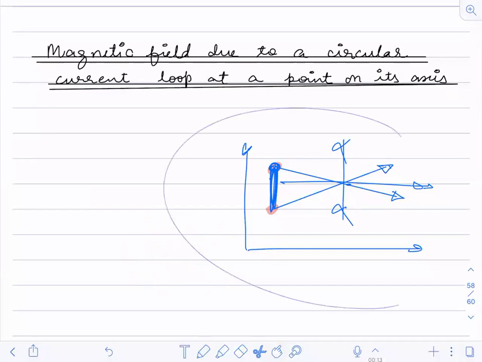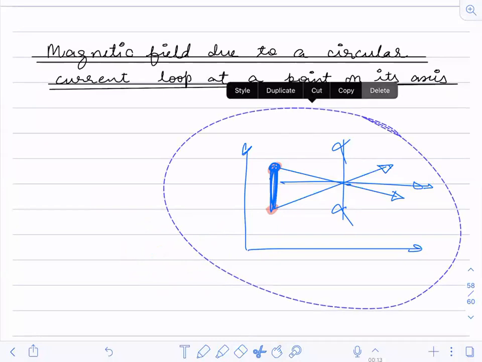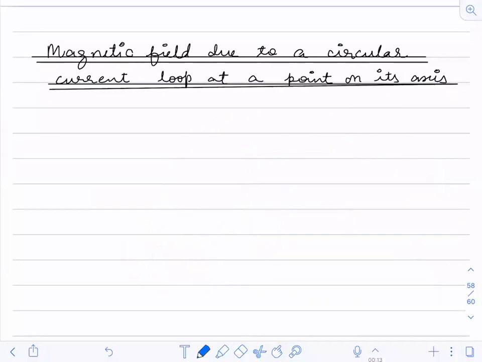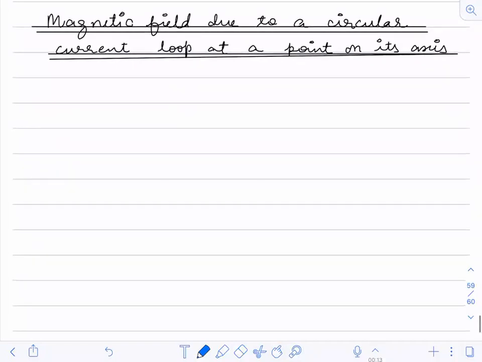The only thing that will differ here is that you have to understand the magnetic field direction. It will not be as simple as in electrostatics. If you understand the direction, that is the only thing you have to understand. So I'll try to draw two or three figures over here and make you understand.